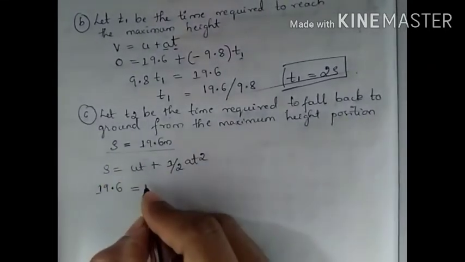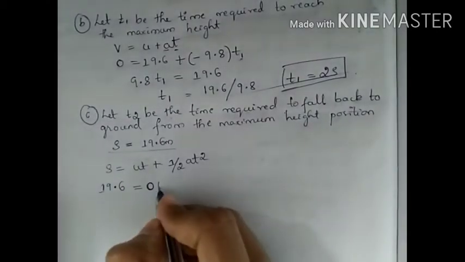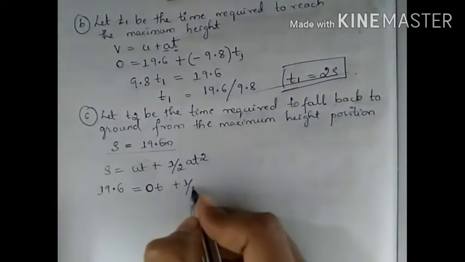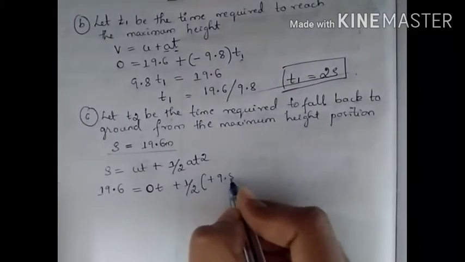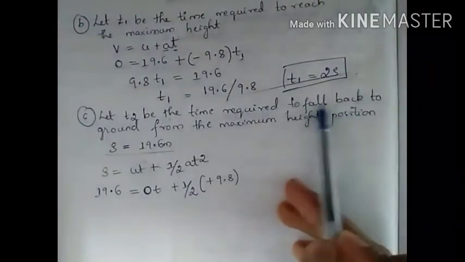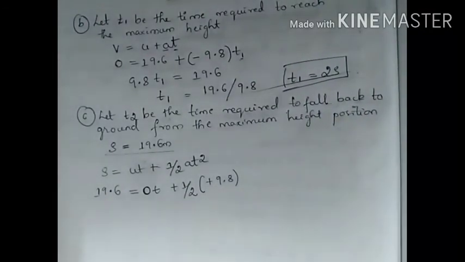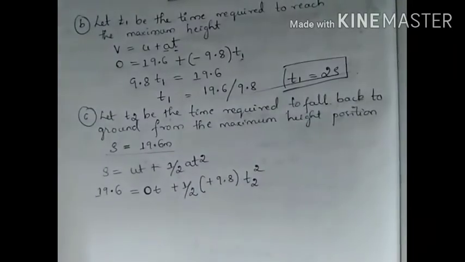So initial velocity of the ball is 0 here, which is multiplied by t plus half. A is plus 9.8 meters per second square because the direction of the ball, which is falling downward, is in the direction of acceleration due to gravity, and this is multiplied by t2 square. So this term goes off.